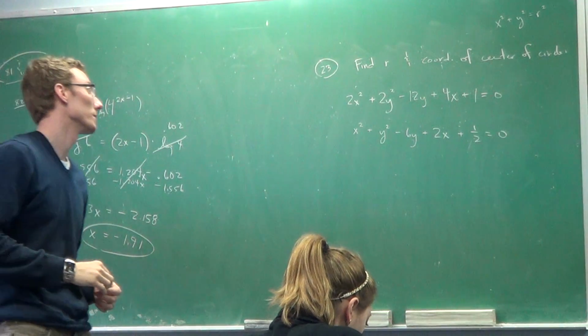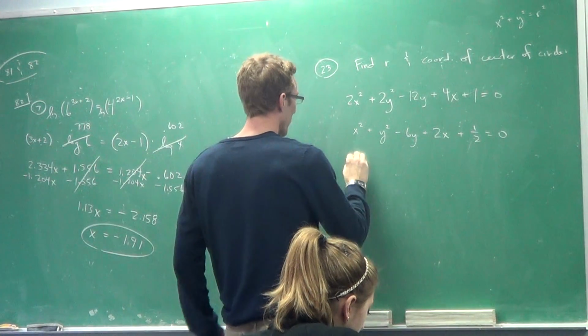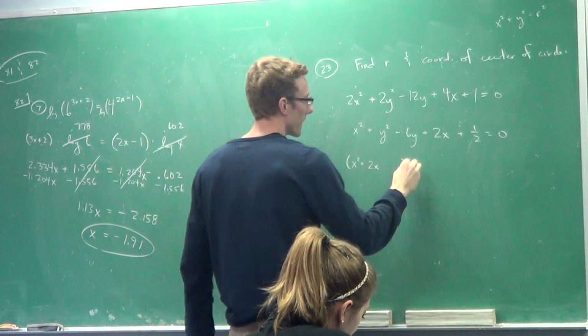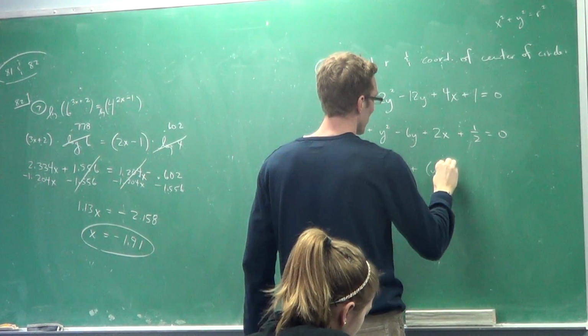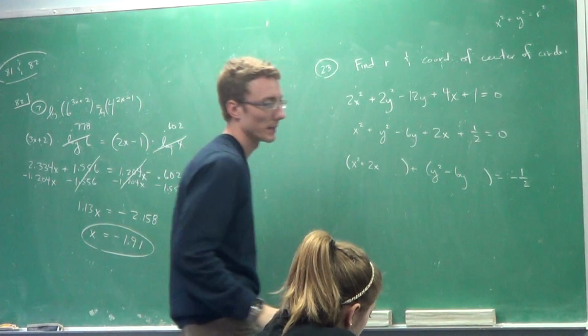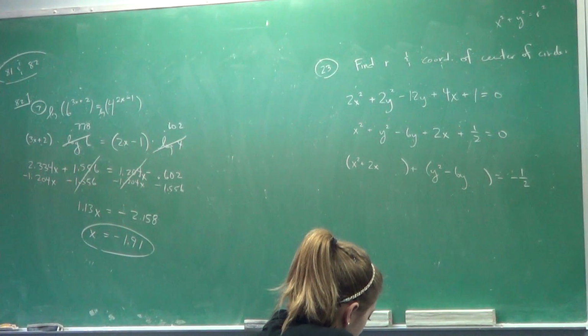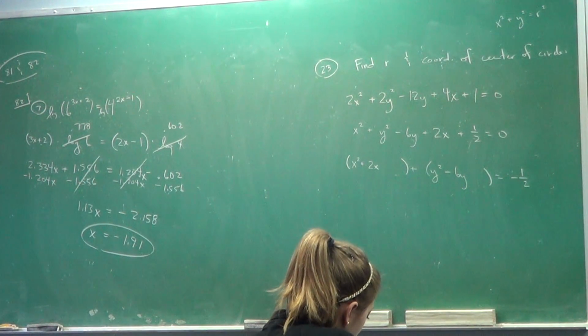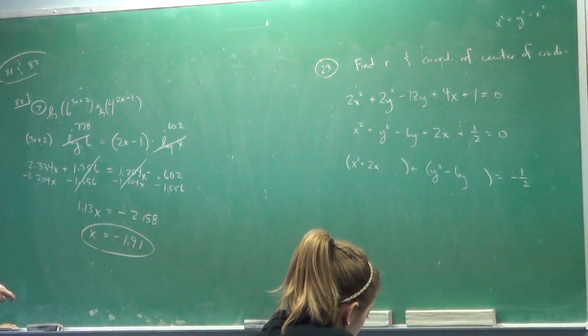The next thing we might do is say, okay, we want to complete the square with x squared plus 2x. And we want to complete the square with y squared minus 6y. We also want the number on the other side. So we can put that 1/2 on the other side. All I did between step 2 and 3 there is just rearrange in such a way that it's going to be easier to complete the square.